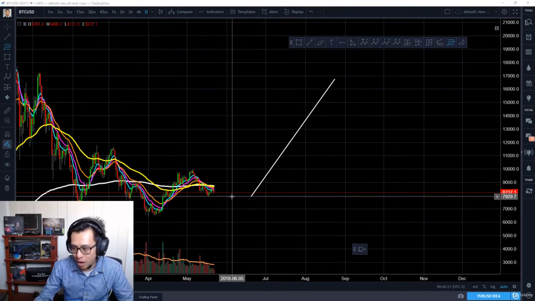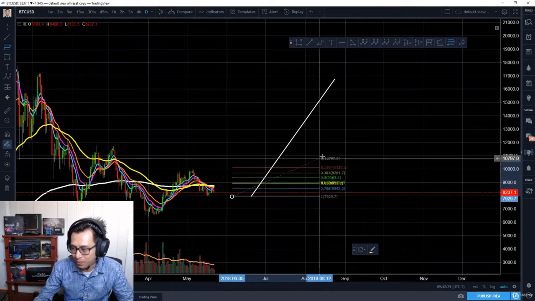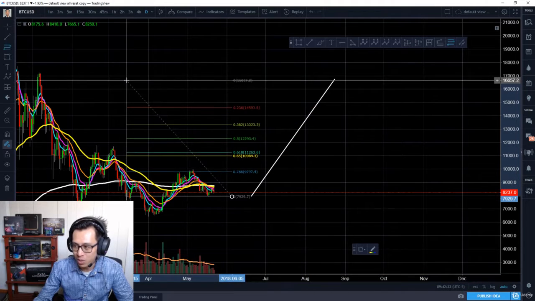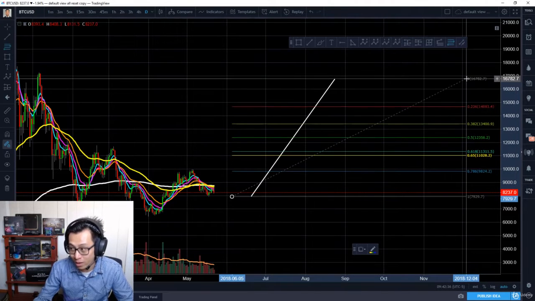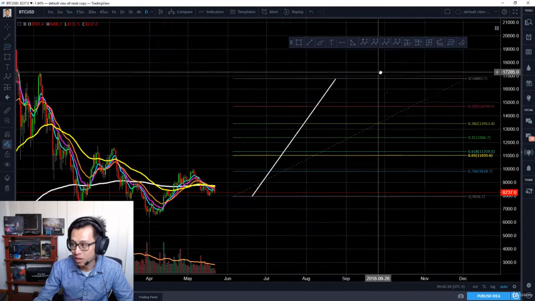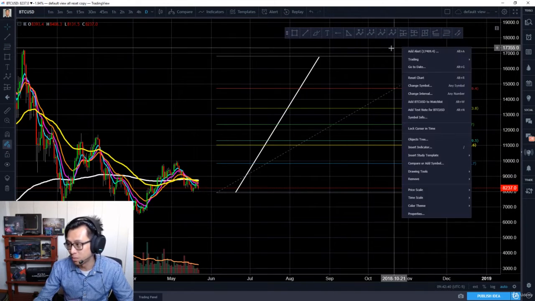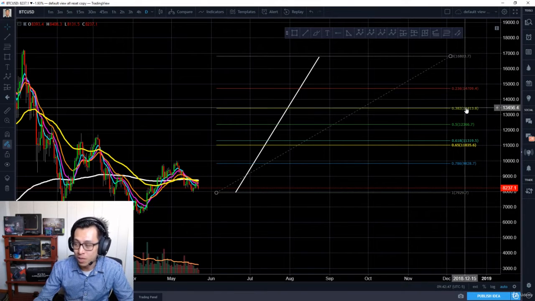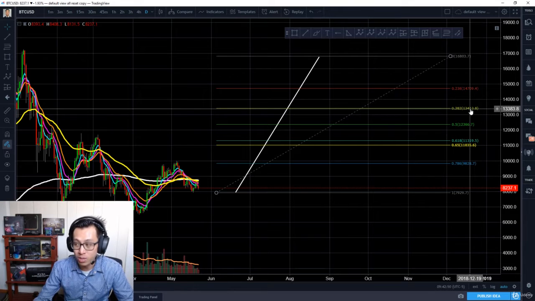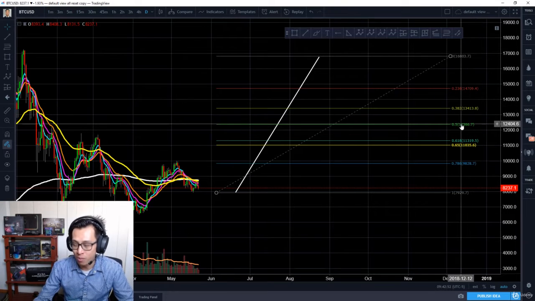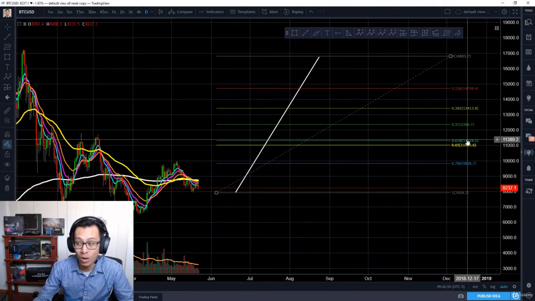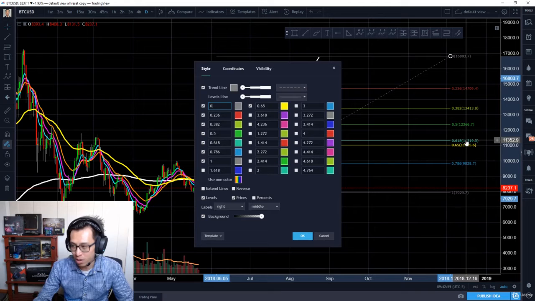You can click anywhere along the x-axis, and then click anywhere along the x-axis that is also on the same line. So what you'll see is a bunch of numbers. What 236 refers to is 23.6%. What 38.2 refers to is 38.2%, right? And 0.5 would be 50%. 0.618 right there would be 61.8%, right? And double click on it, guys.